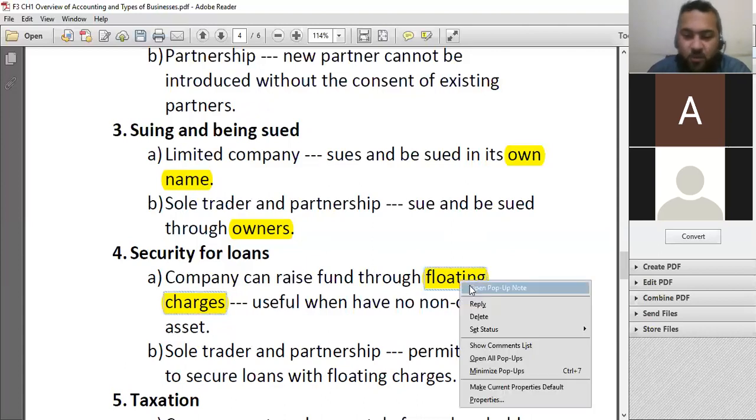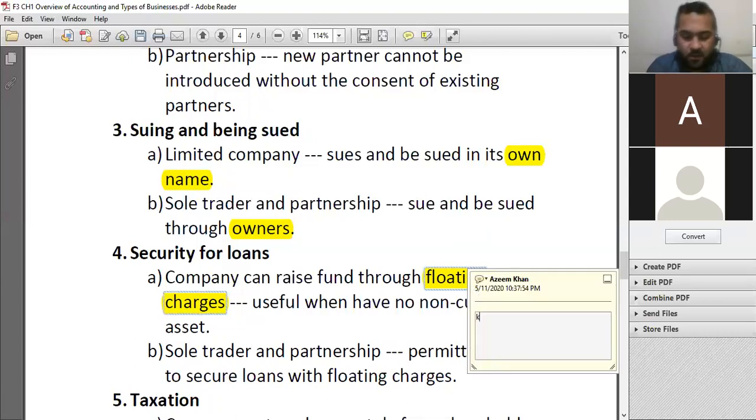So floating charges mean what? It means that you can use the cash as security to get a loan from the bank.